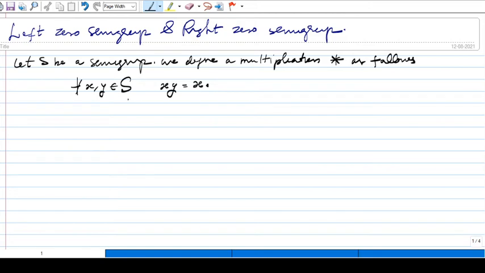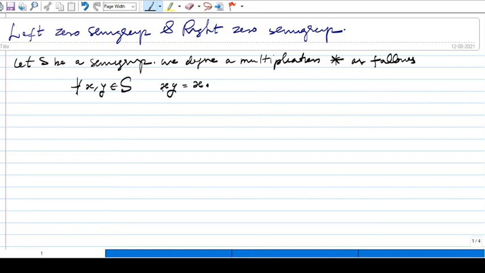But here x times y gives x, that is, when you multiply on the left of a number, you get the same number. It is similar to the definition of a 0 element. That's why it is called a left 0 semigroup, and we can see that this is in fact a semigroup.